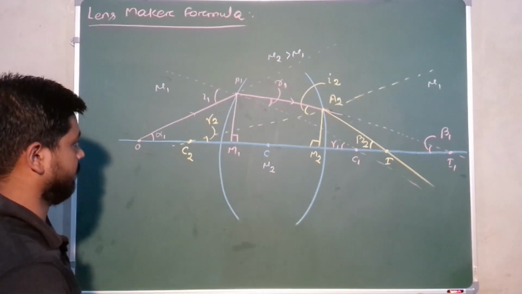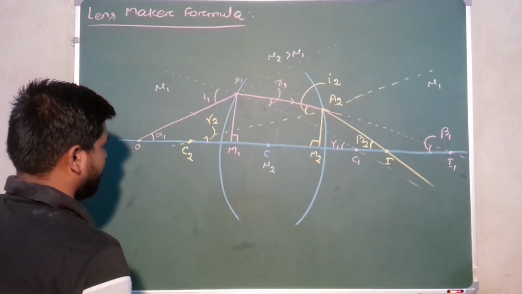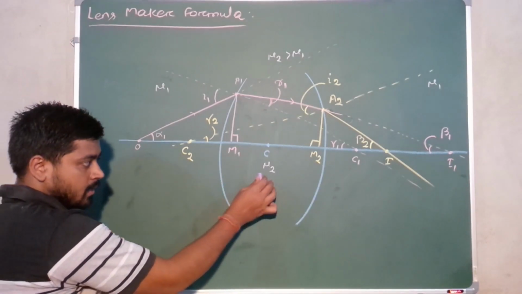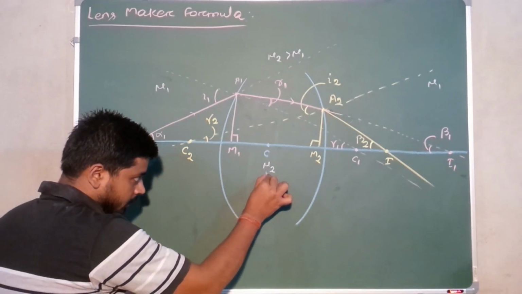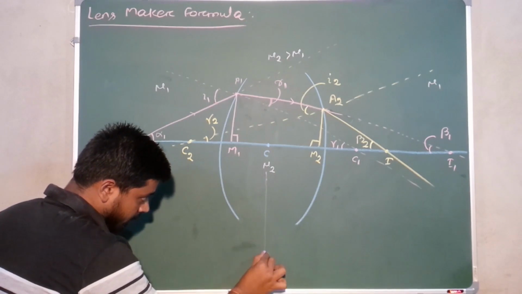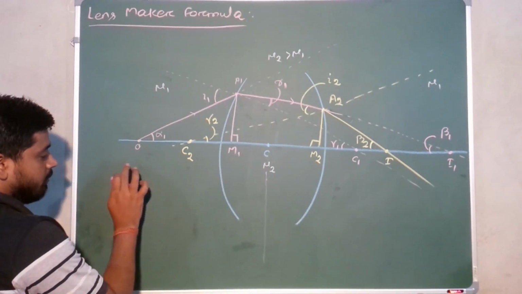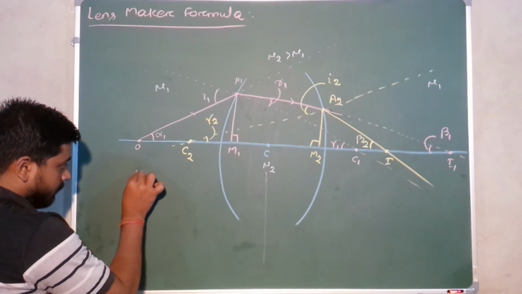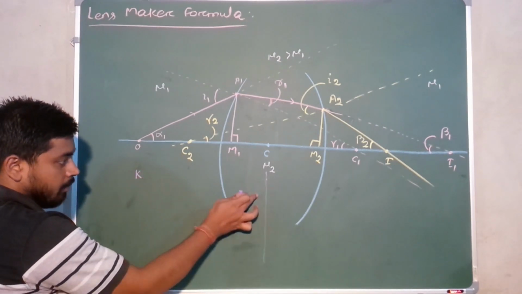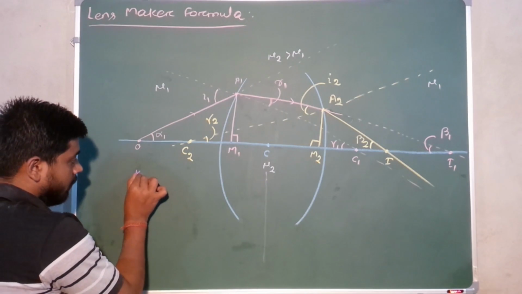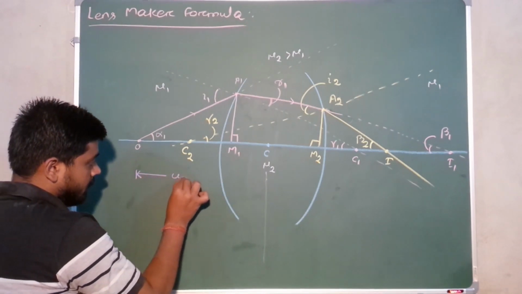Then just see, this one is the object and this one is the optical center. The distance between the object and the optical center is the object distance. Just write down the object distance U.